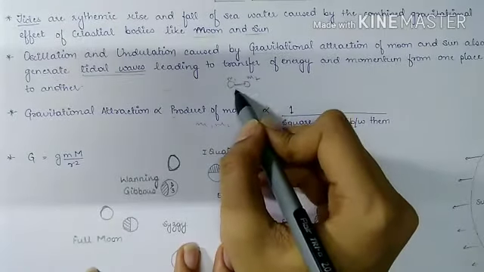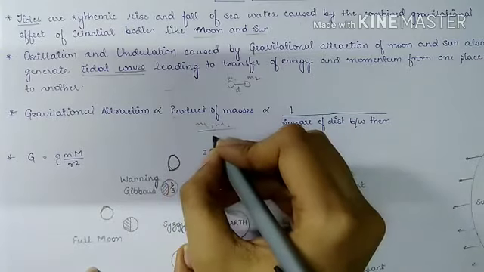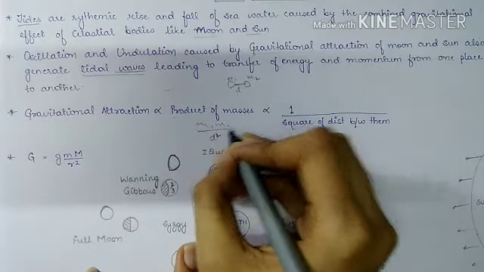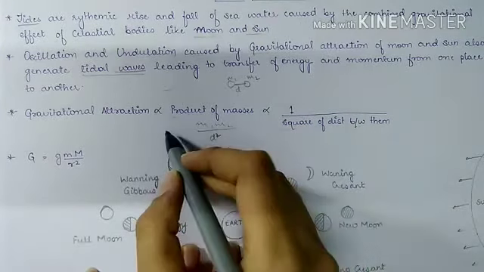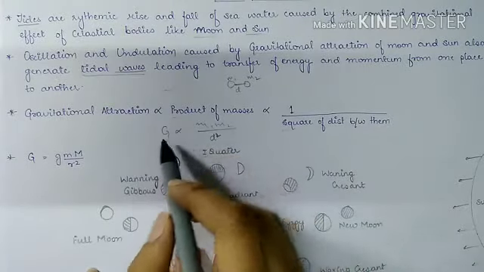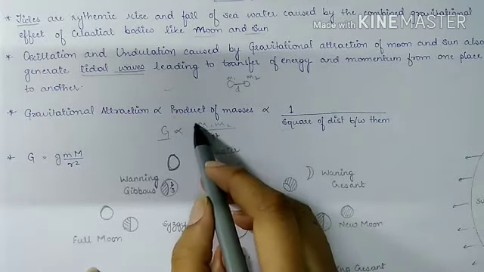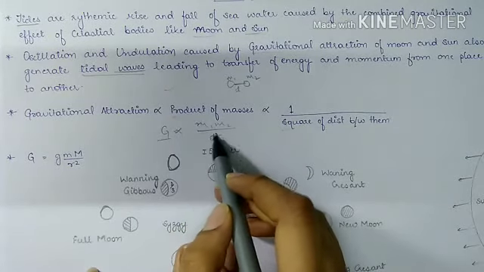Consider the distance between them to be d. So we can simply say gravitation is equal to m1 m2 upon d square.